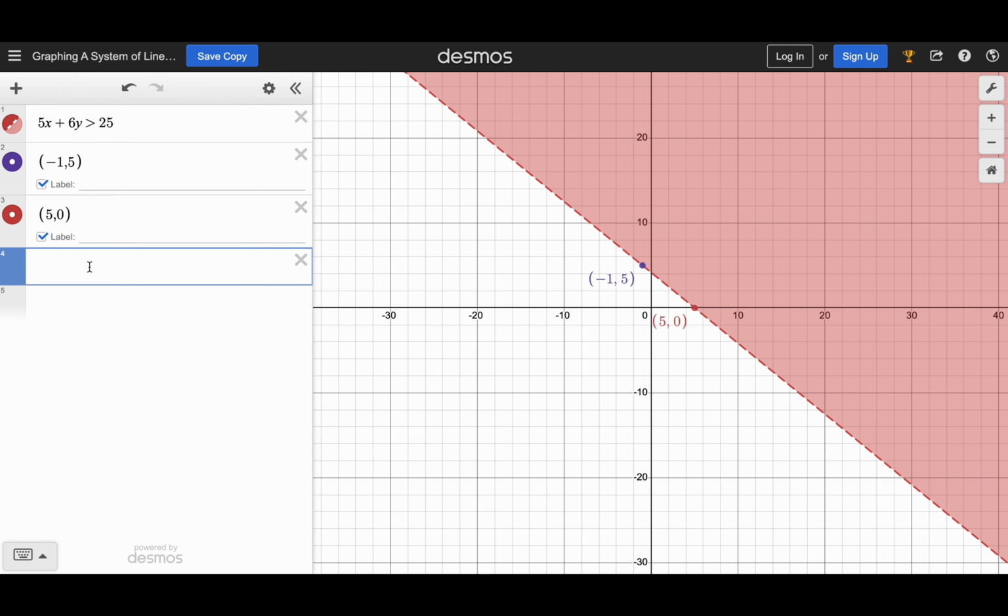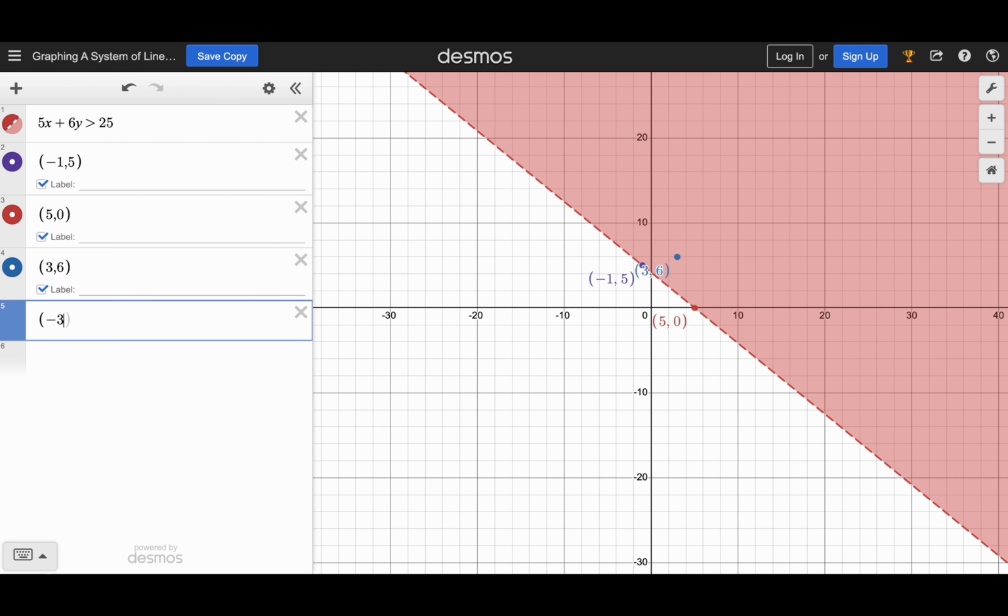We have our first point, 3 and 6. So where is 3 and 6 now? Since we've already discussed this one, it is true. That means based on the plot also, it is true, class. So let's try another one. The second point is negative 3 and 3.